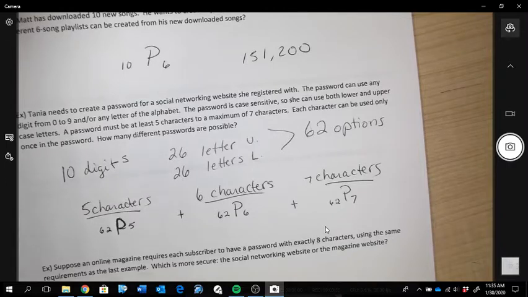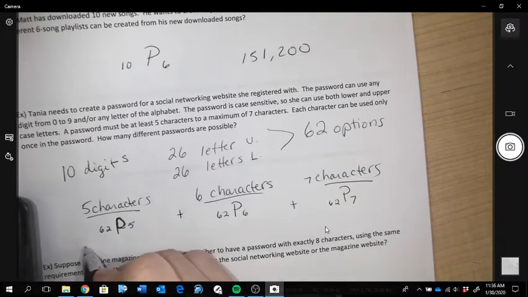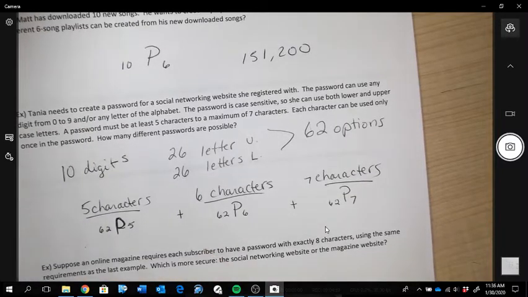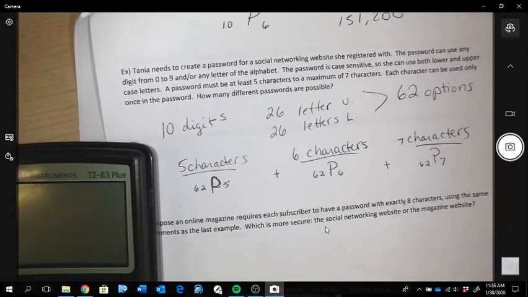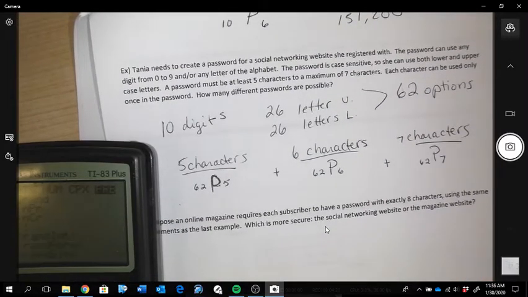Okay, so 62 P5 plus 62 P6 plus 62 P7. You know what I'm going to do? I'm going to do this all in one step because these are such big numbers. Okay, so brackets 62 math probability P5.